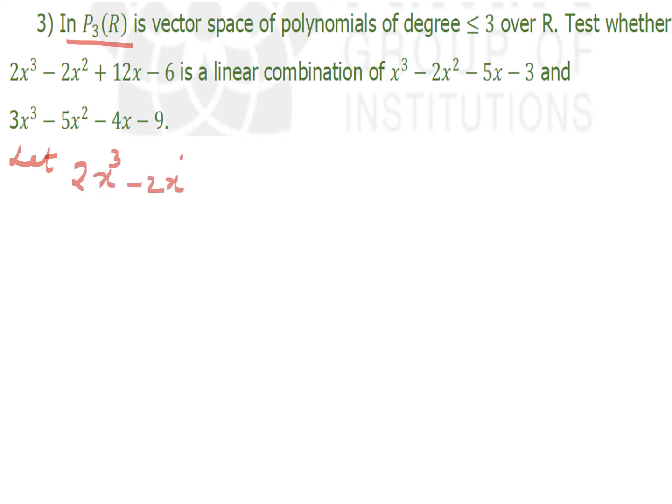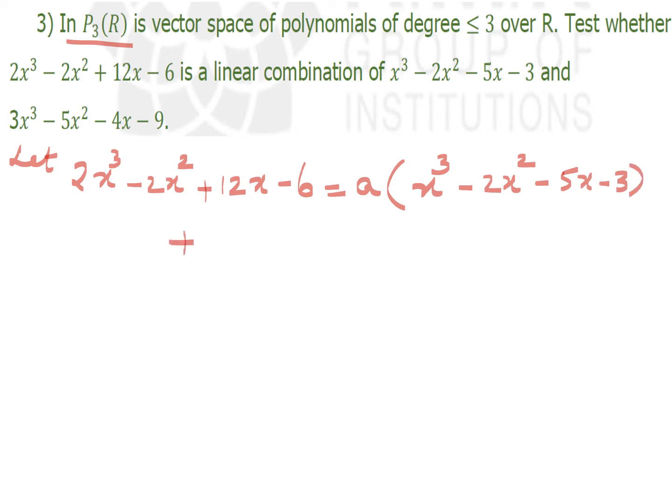So let us take 2x cubed minus 2x squared plus 12x minus 6 to be equal to a linear combination of the given two vectors: x cubed minus 2x squared minus 5x minus 3, and the other vector 3x cubed minus 5x squared minus 4x minus 9.